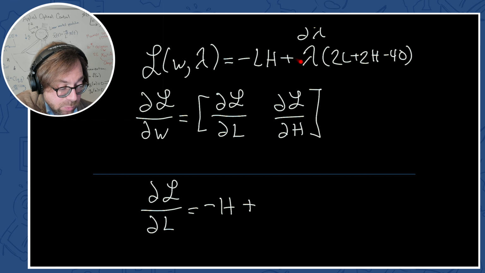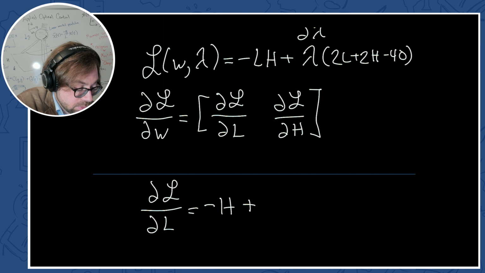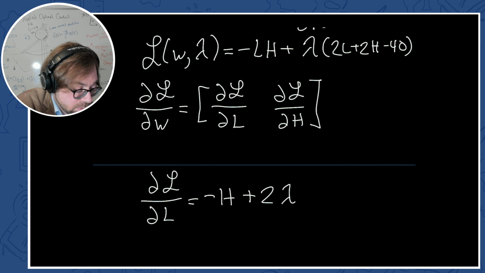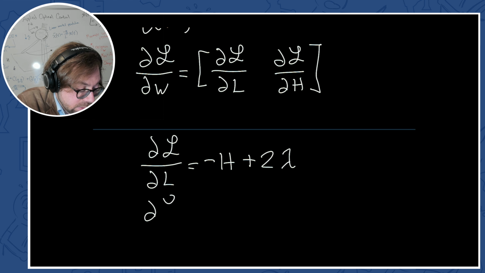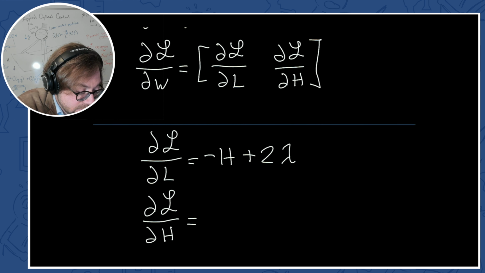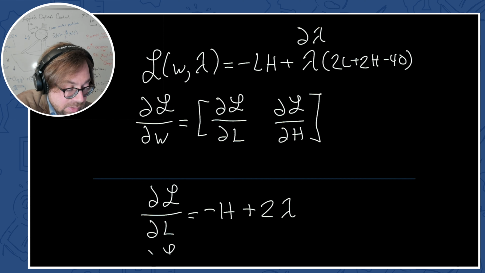That's going to be a constant. It's going to be multiplied by lambda. So it's going to be 2 times lambda. So plus 2 lambda. Then you're going to have partial L, partial height. Partial L, partial height is going to be very similar.